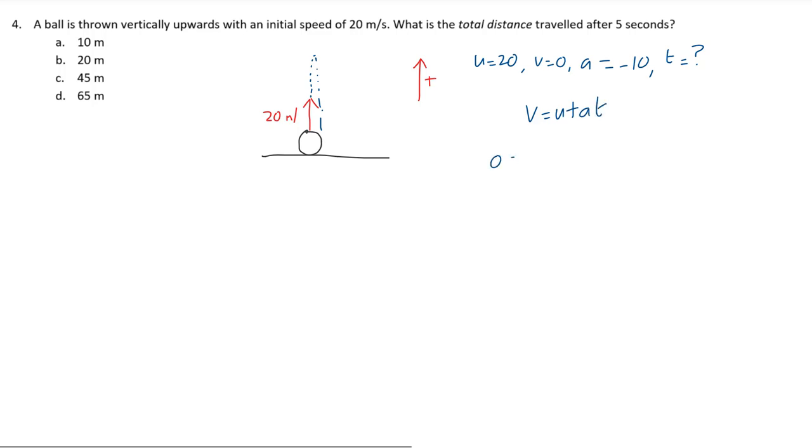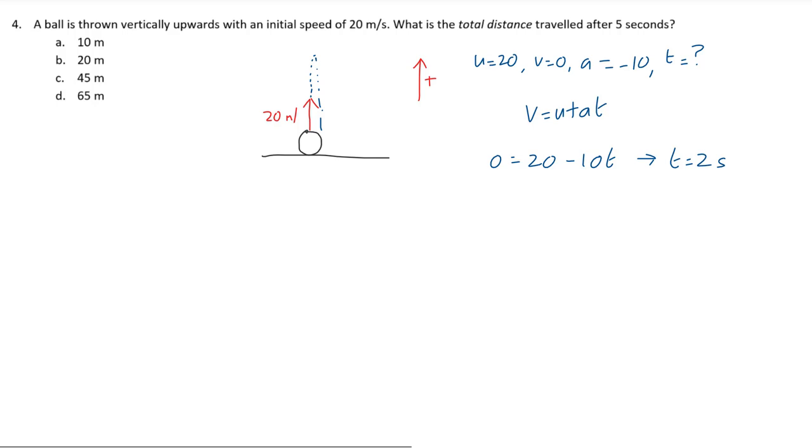Subbing in what we know, we get that v, which is 0, is equal to u, which is 20, plus a, which is minus 10, multiplied by t, which is what we're looking for. Solving this equation, we get 20 is equal to 10t, or t is equal to 2 seconds. What does this mean? This means that it takes the ball 2 seconds before it starts falling down again.